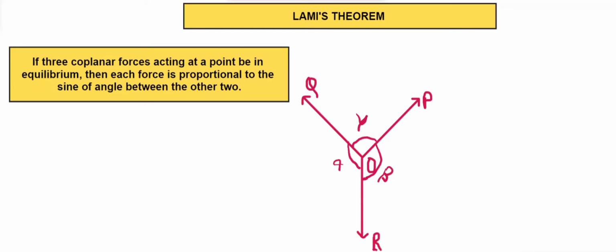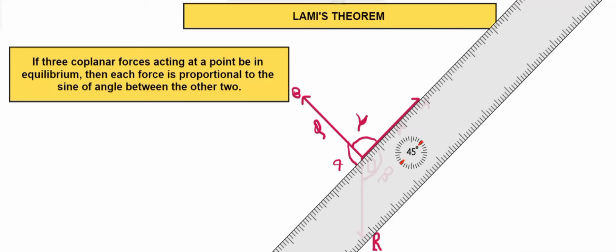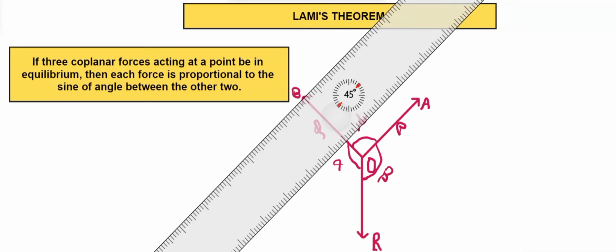We will complete the parallelogram. The first side that we'll consider is OA, and that side will be equal to the force P. Then the second side we'll consider is OB, which will be equal to the force Q. Then we'll draw the other two sides and complete our parallelogram.